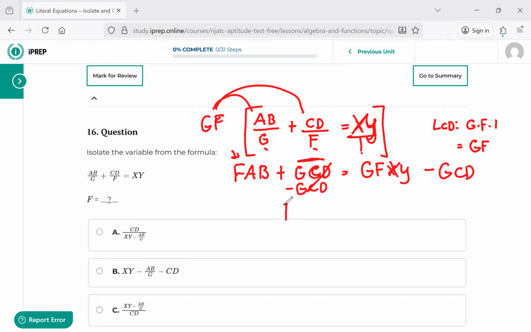You have F, A, B equals G, F, X, Y minus G, C, D. Okay, then I want to solve for F, so I'm going to get rid of this AB by dividing both sides by AB.